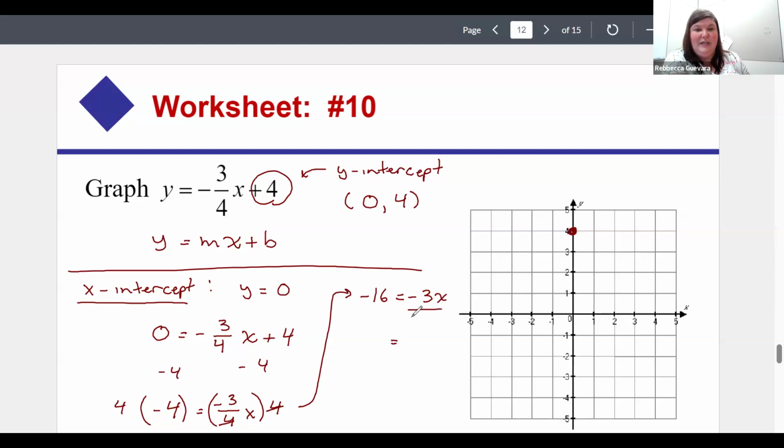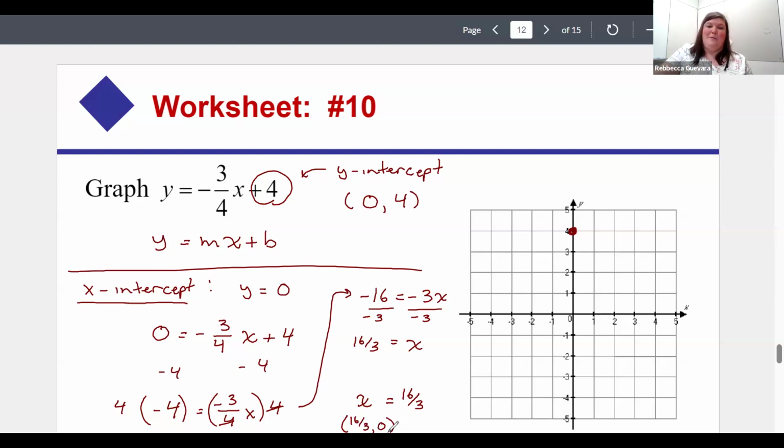Now we have to divide by a negative 3, which means we're going to have x equals 16/3. So that means the x-intercept is the point (16/3, 0).